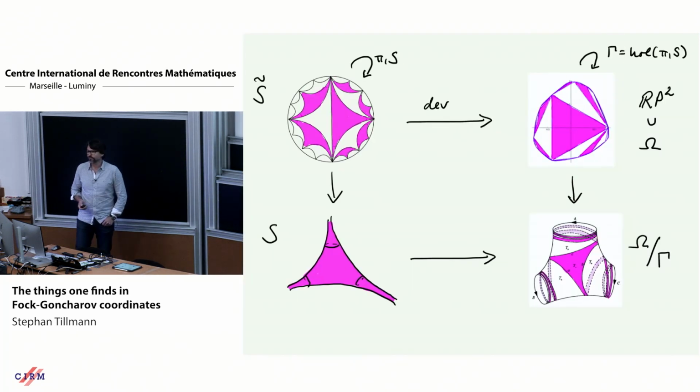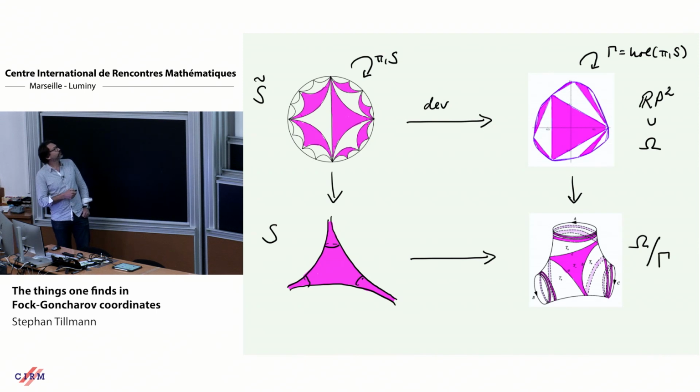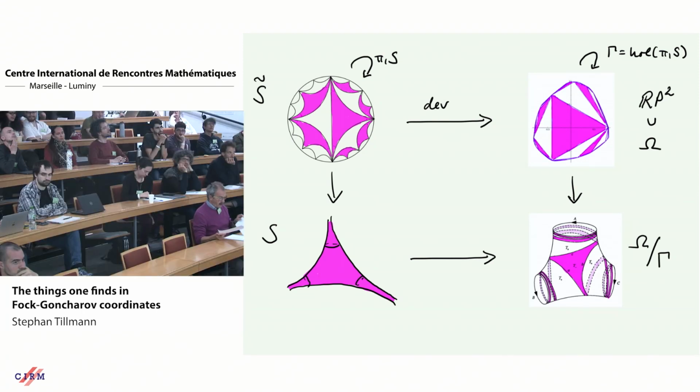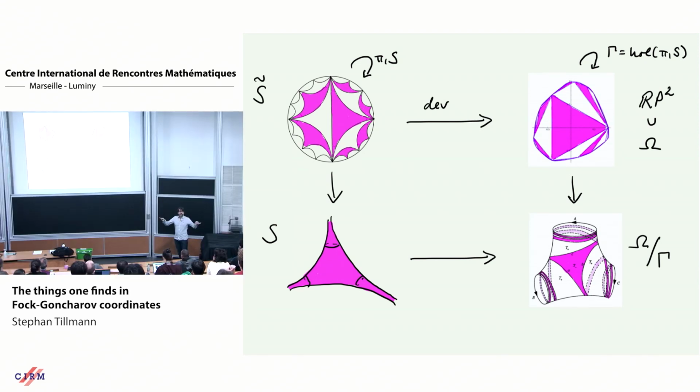I just want to give a brief overview of what is going to happen, putting these four pictures into context. So I specifically put this image here because, you have this punctured surface, but the structures that you might get look like surfaces with a totally geodesic boundary.